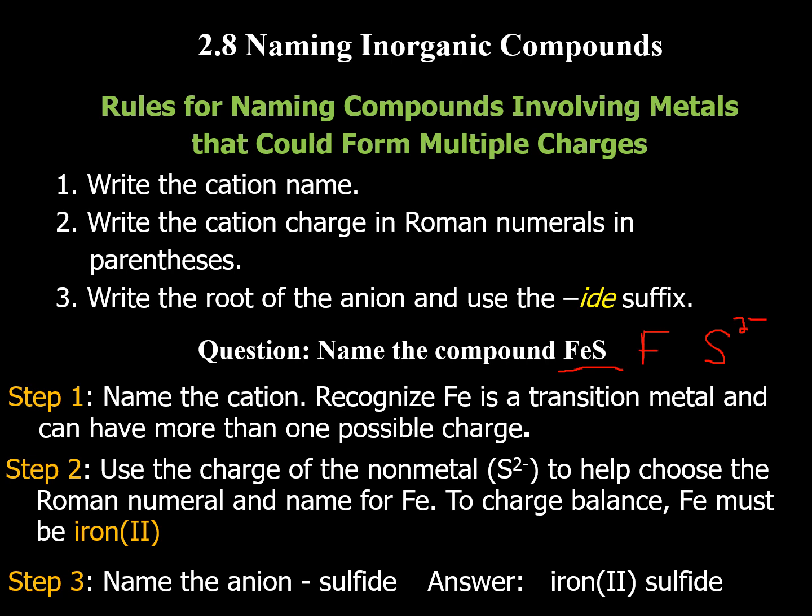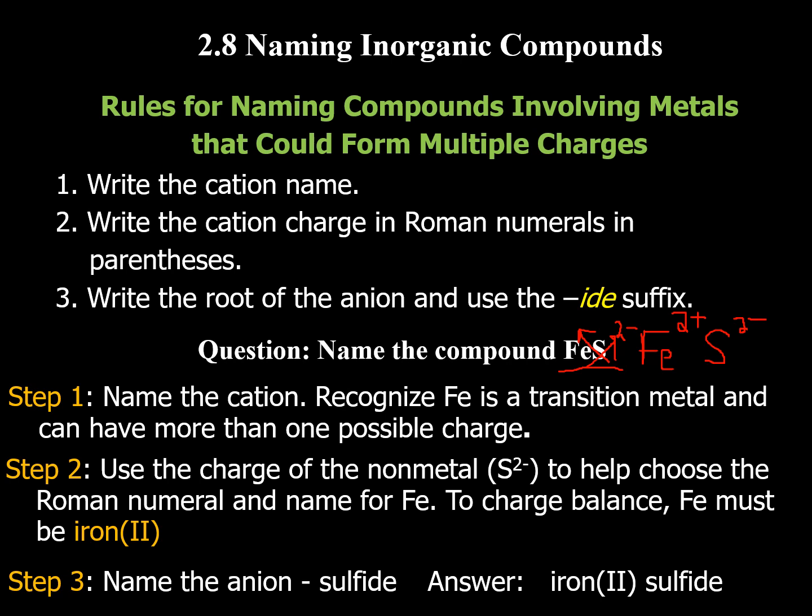If we have Fe here, it can either be +2 or +3. We know, this is the key, it has to be +2, because when we uncross the FeS, S is always going to be 2-.